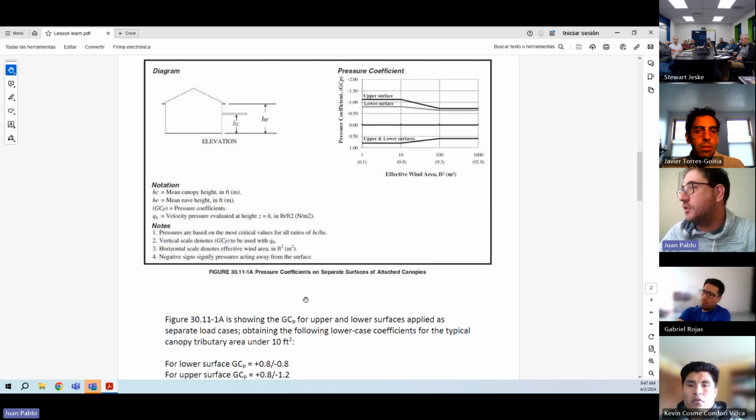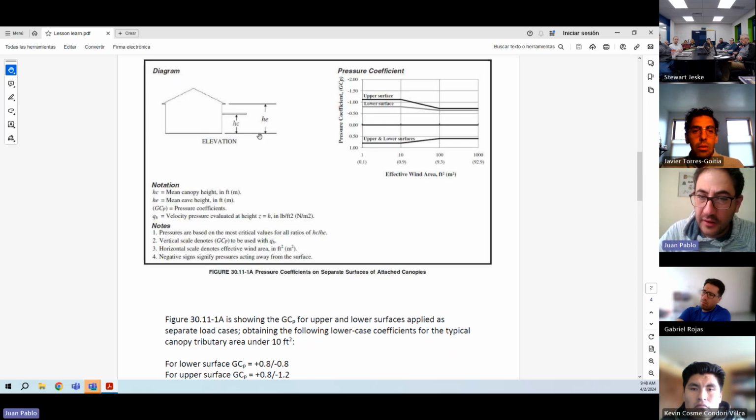Imagine the wind coming from up to down: you have a pressure going from there down. The other load case should be from here up, so you'll have suction. You have pressure going down or going upward, different load cases, one going up and the other going down.